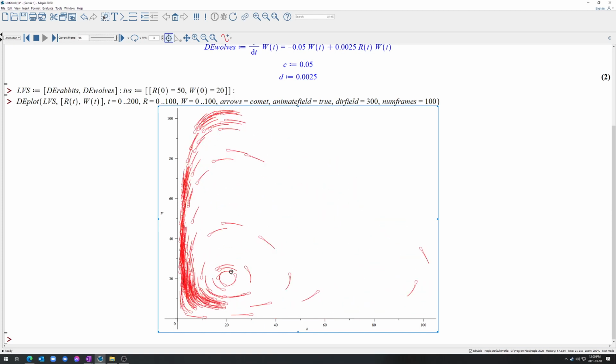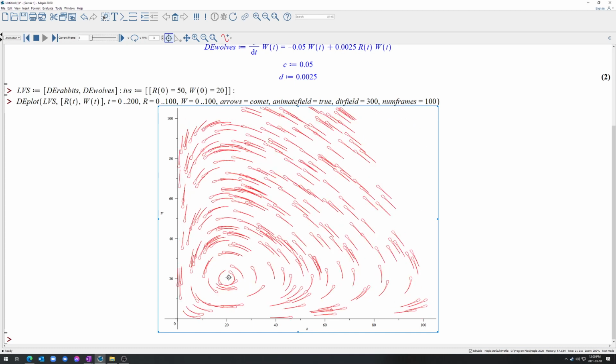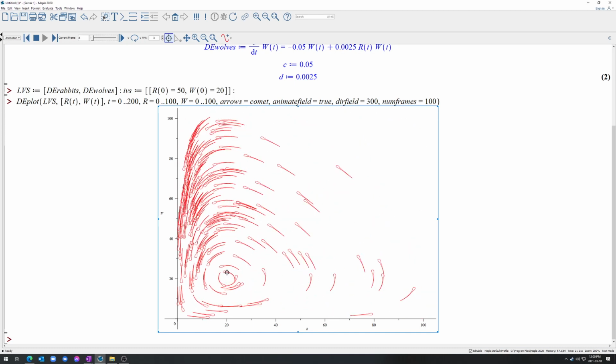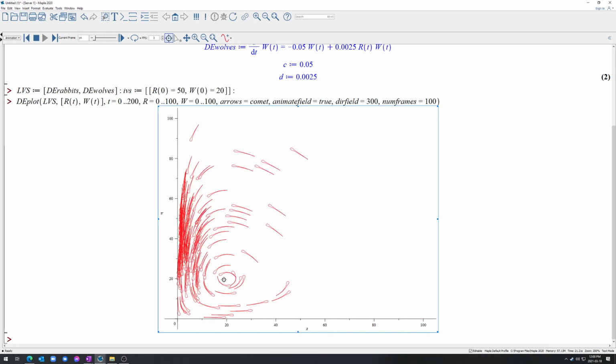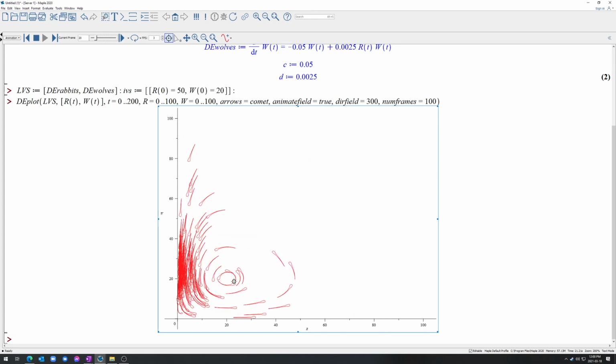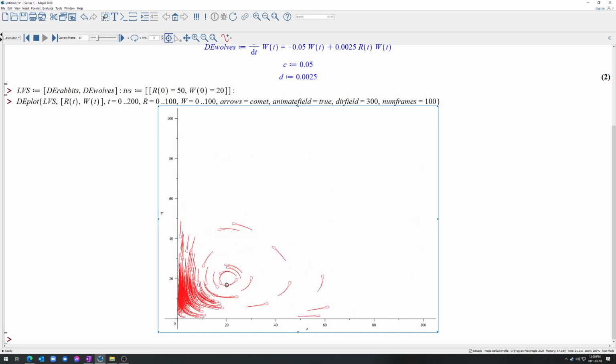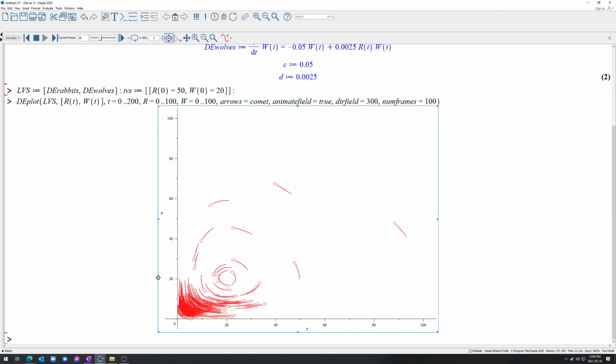There's a few solutions here around the sort of orbital point, this little equilibrium, where not much is changing. We have kind of a nice consistent number of wolves and rabbits, and that would be a very stable system. But over here we have wild changes in rabbits and wolves. There you go. That's a little introduction into the world of differential equations again, visualizing solutions.